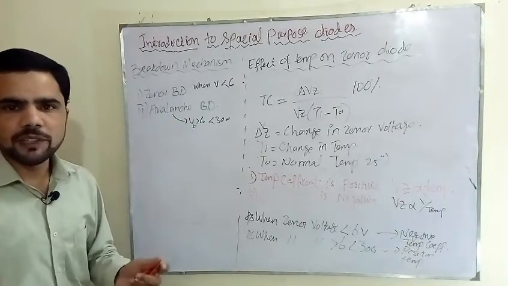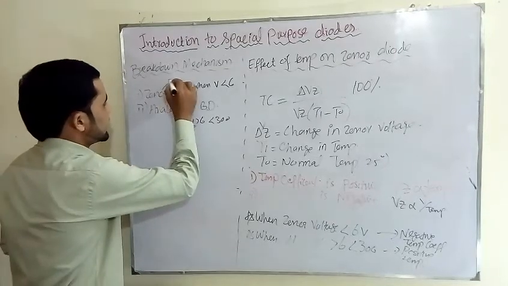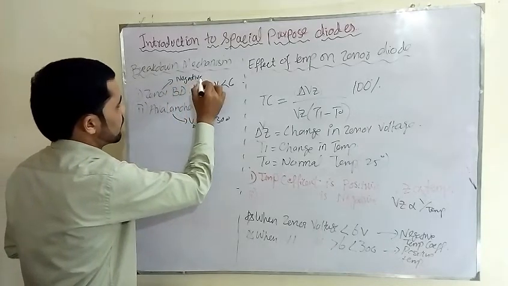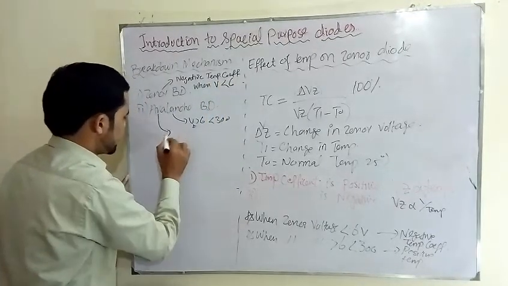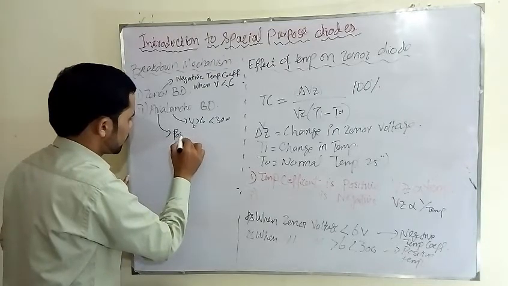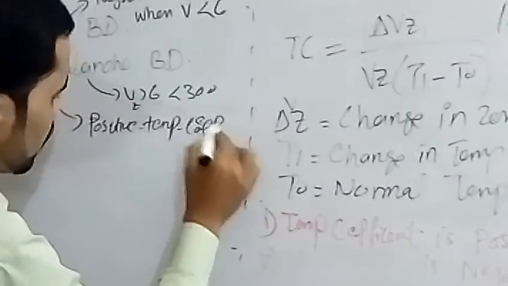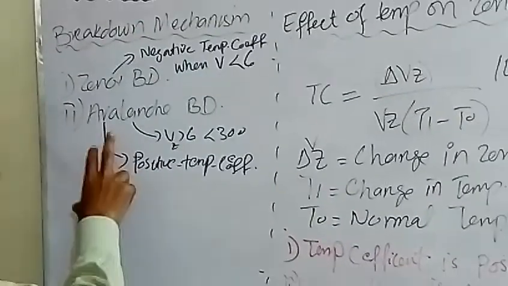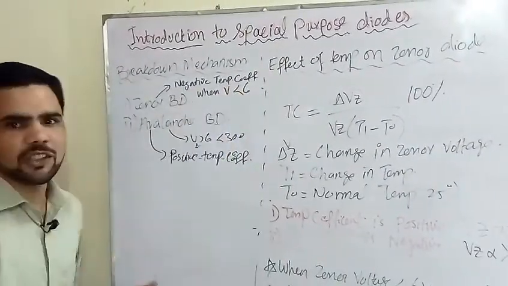The Zener breakdown region has a negative temperature coefficient, while the avalanche breakdown region has a positive temperature coefficient. So this is the basic difference between the two mechanisms: first voltage, and second temperature coefficient.